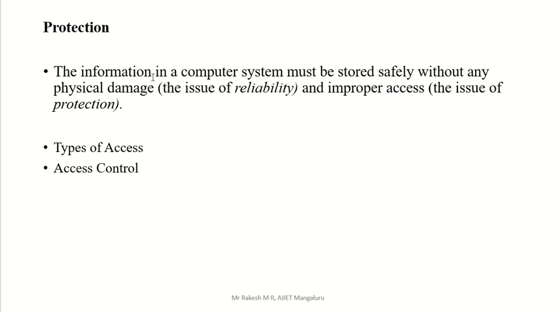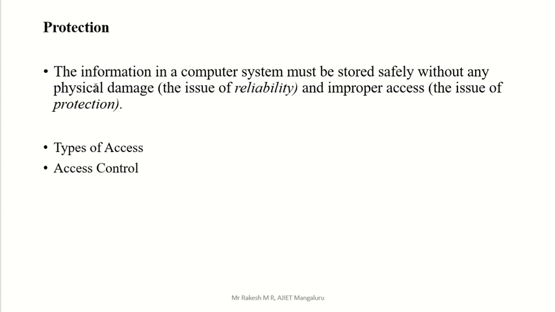Another very important concept in file management is protection. So how are you going to protect your file? The information in your computer system must be stored safely without any physical damage. That concept is called reliability. See this, reliability means that the computer system must store information safely without any physical damage, and protection means safeguarding against improper access.